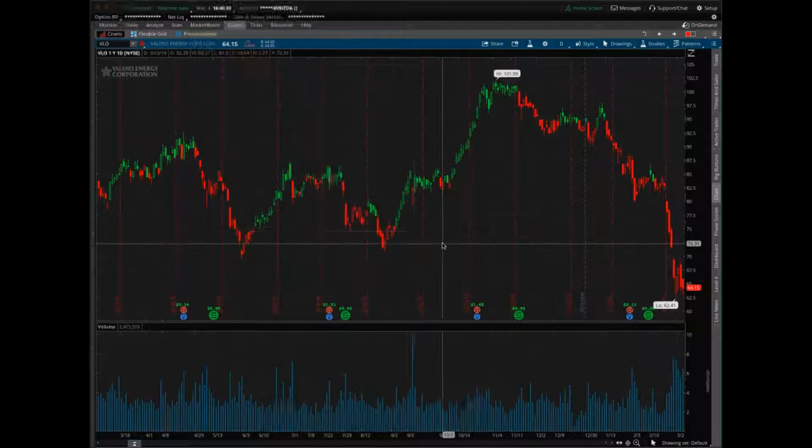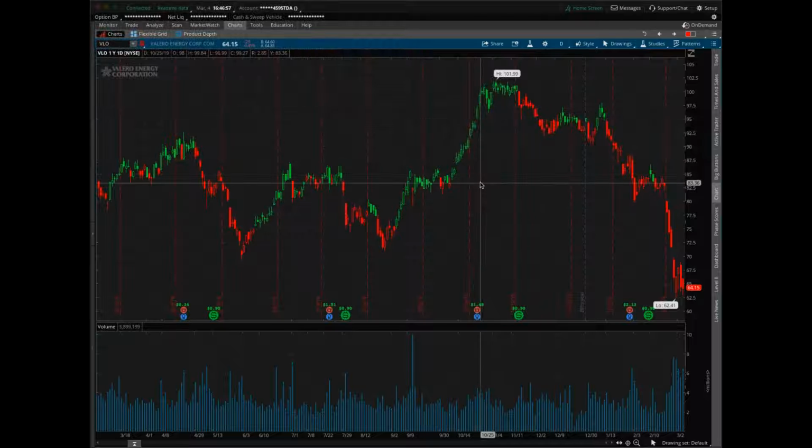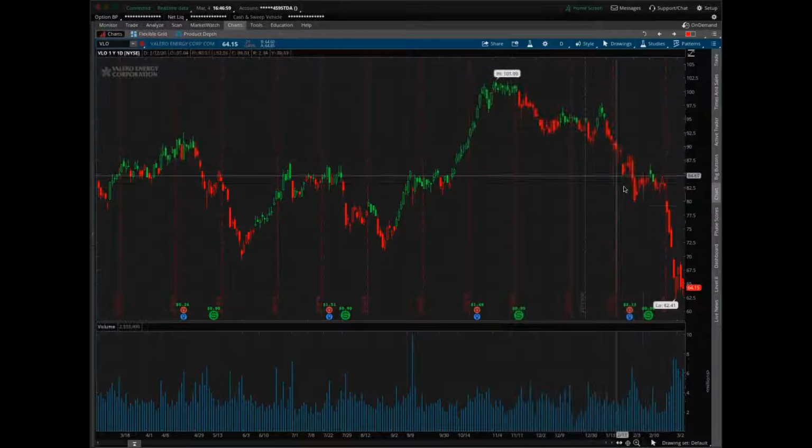This doesn't represent red or green days. This represents uptrends and downtrends. Okay? The green is going to represent uptrends. The red is going to represent downtrends.